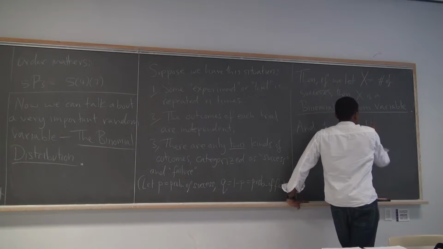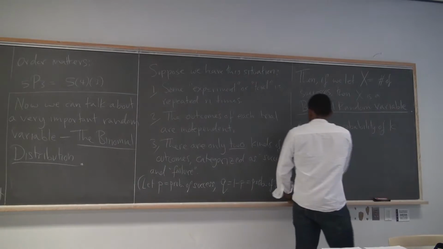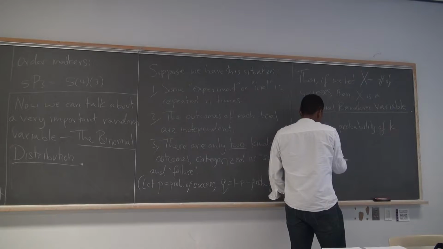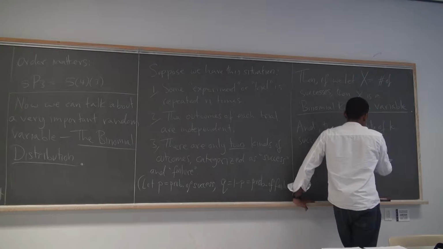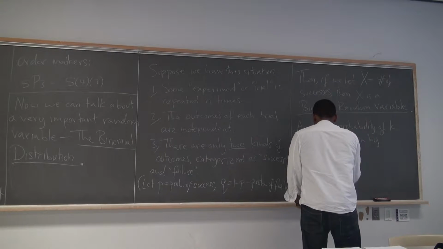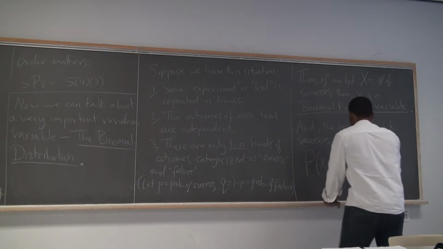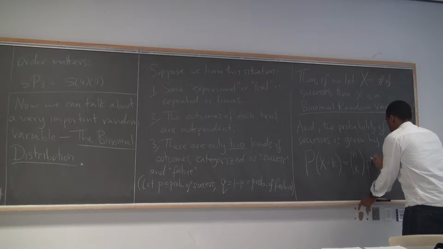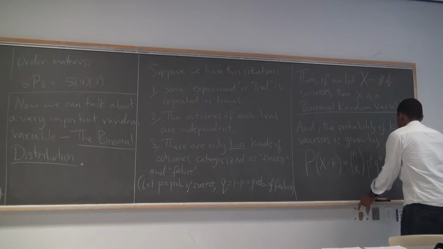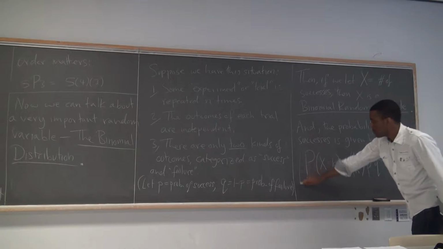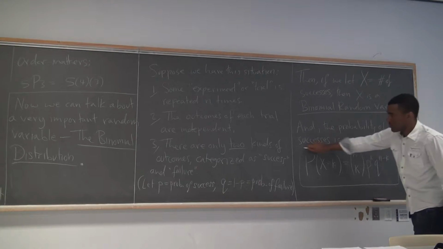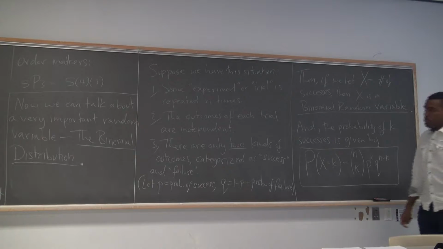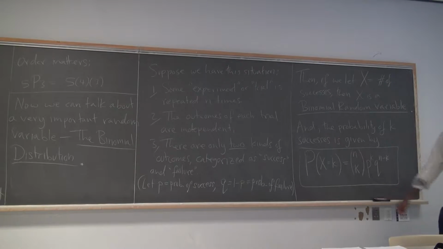The probability of k successes is given by this formula. So, whenever you see this situation happening, it means that the number of successes is a binomial random variable.